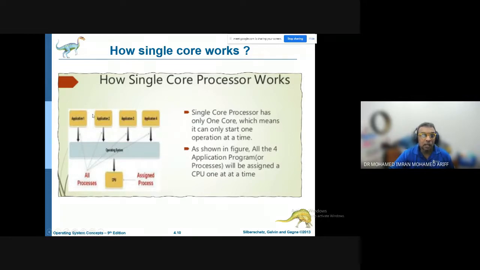Once process 1 has completed, only then can you move on to the next process. So in a single core, you can only run one application and one thread. Once this is done, then you can go to the next one. Inside the process, you can have one process and one thread only. This is a single core.